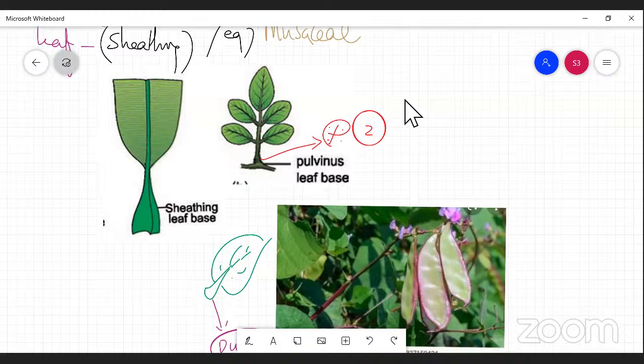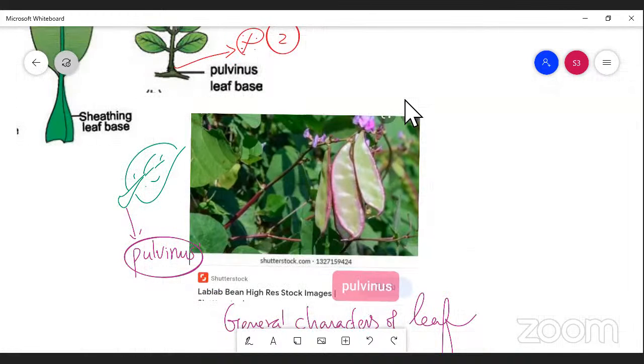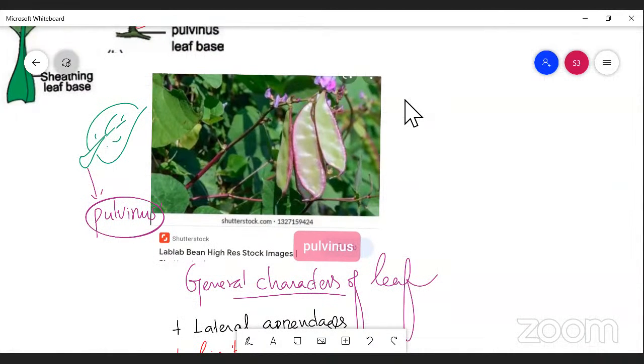One more example. Could you give an example? The vegetable is widely used for preparation of food. Lablab bean. Right?